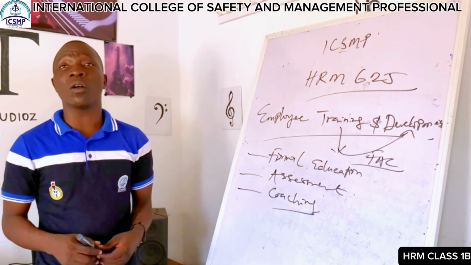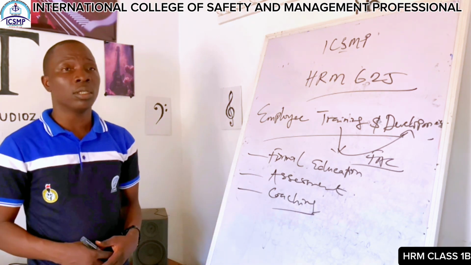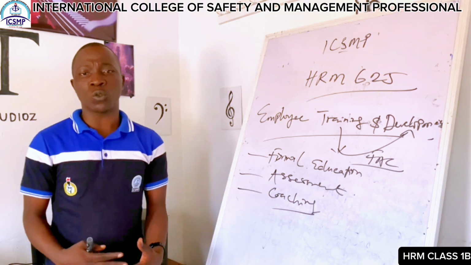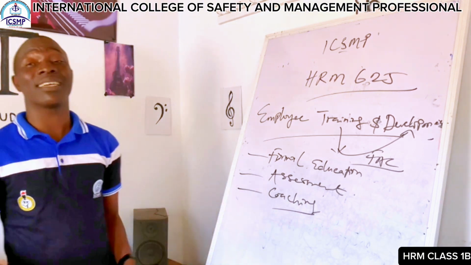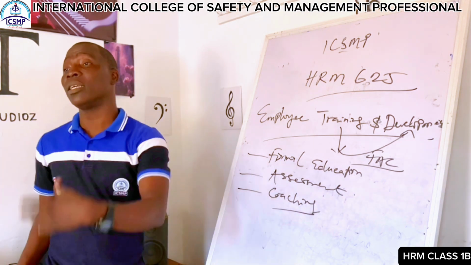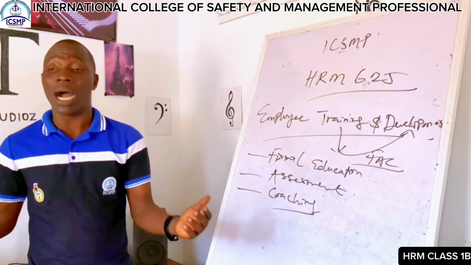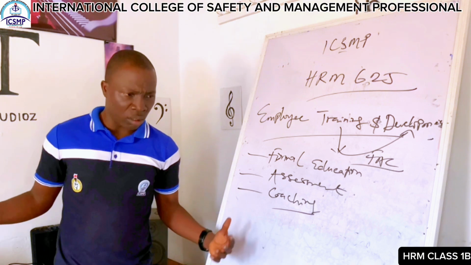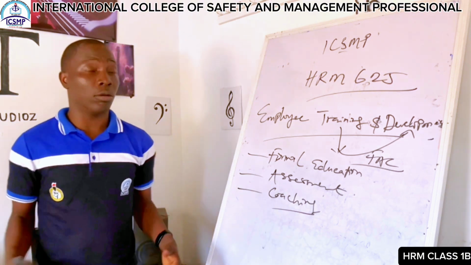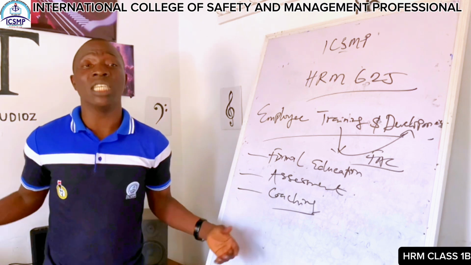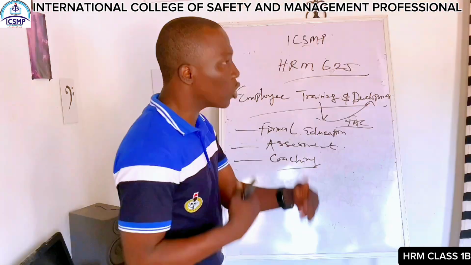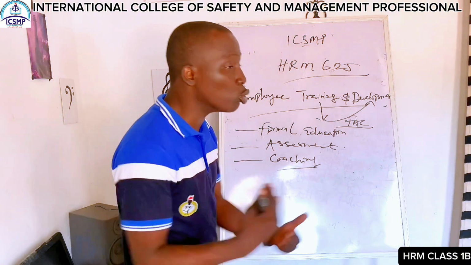And this coaching is done by experts within the organization. You attach the newbies to them. For example, to a particular expert who has spent like 15, 20, 25 years in an organization, you attach like 3 mentees to him or her, who coaches them and puts them through on how the organization is run. He gives them assignments, he assesses the assignments, and he monitors them, he guides them through.